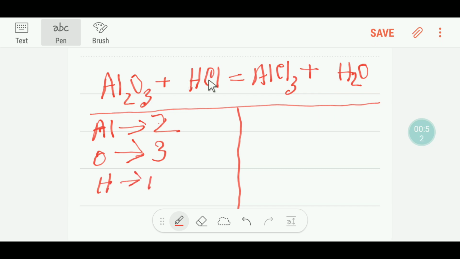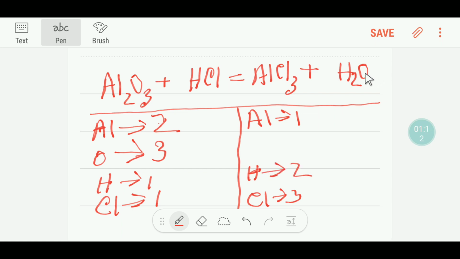We have here 1 chlorine. Here we have 1 aluminium. Here we have 3 chlorine. Here we have 2 hydrogen. Here we have 1 oxygen.